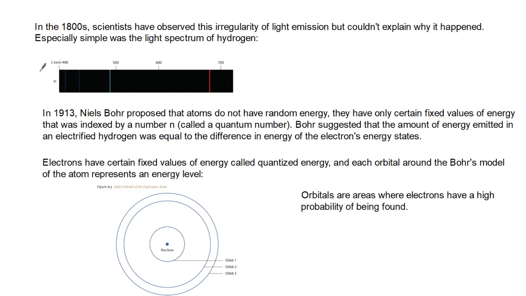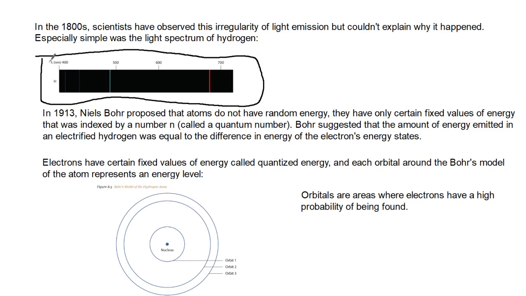So, for example, hydrogen here. The lower the wavelength, the higher its energy state. The light spectrum of hydrogen is equivalent to how much energy it's emitting, right? You can't really calculate it right now.